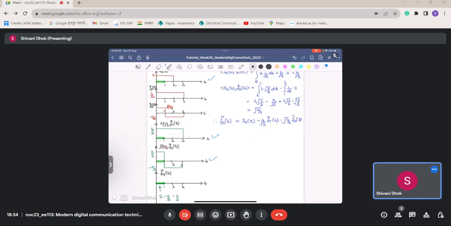Then let us look at this range from 1 to 2. So in this range, this will be 2 minus 4 by 3 plus 1 by 3. So this will be basically 2 minus 5 by 3, and this is basically equal to, wait, what did I do?